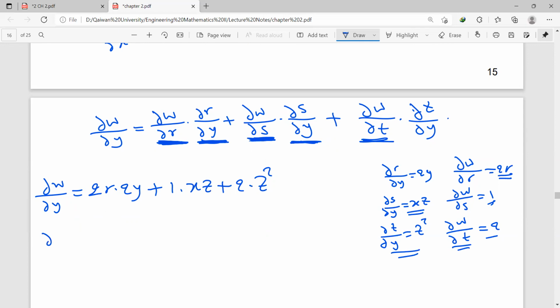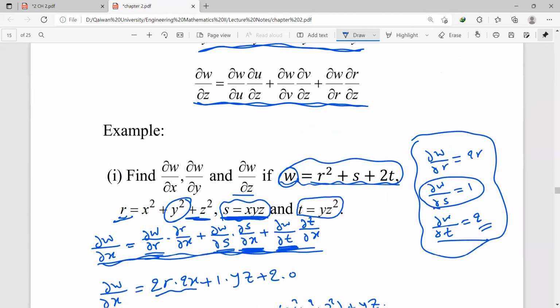We say partial w by partial y equals 2 times 2 is 4yr, plus here 1 times xz is still xz, plus 2z squared. But here we have r. We must have no r, s, and t, I mean intermediate variables. So what's r? R is given that it equals x squared plus y squared plus z squared.